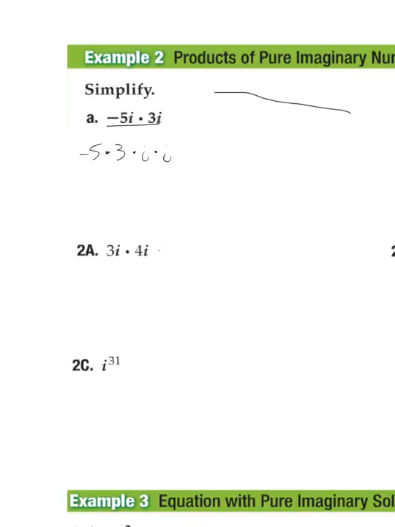Negative 5 times 3 is negative 15. i times i is i squared, and remember on that chart on the last page, i squared was equal to negative 1. So negative 5i times 3i simplifies to positive 15.